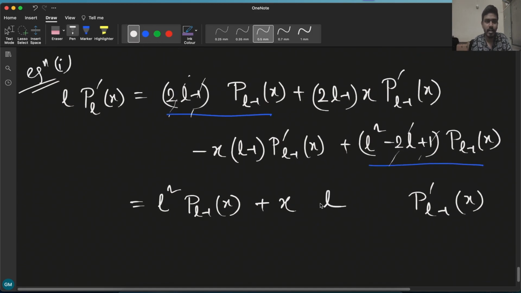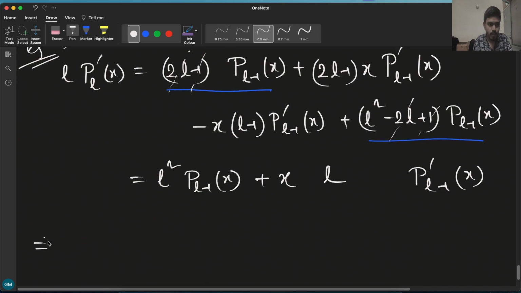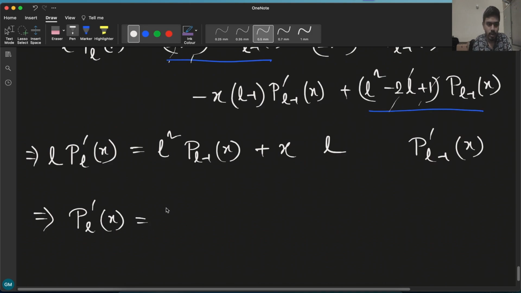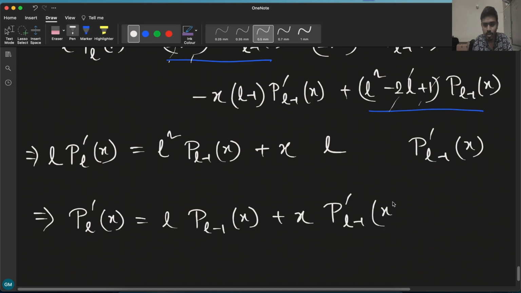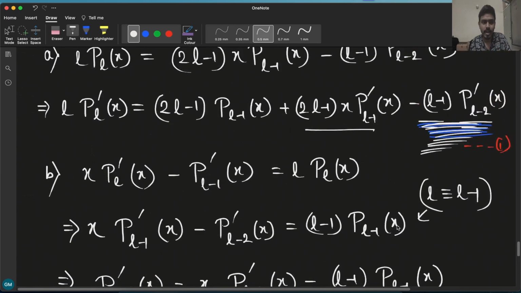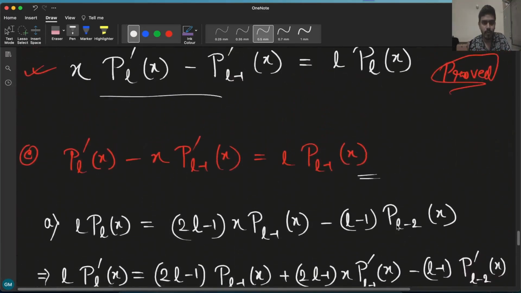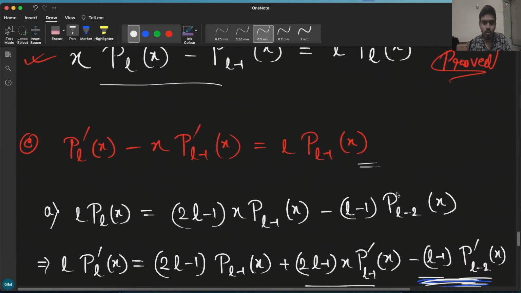And now if I divide by L, then it is P dash Lx equals L P L minus 1x plus x P dash L minus 1x. And that's what we needed to prove.